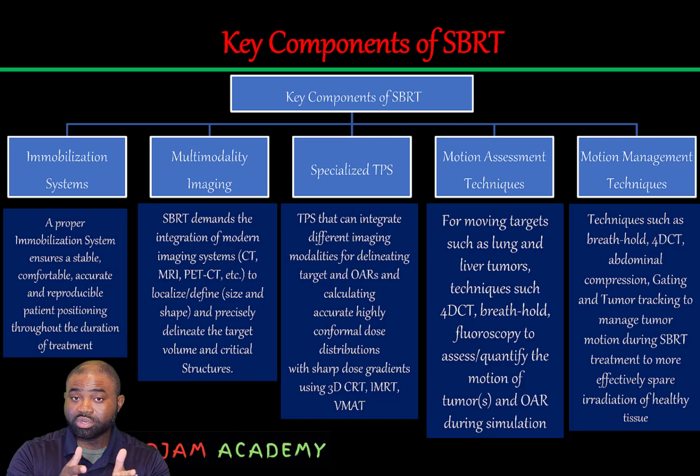Also, the third on the list that is absolutely essential is the need for a very specialized treatment planning system. Now, the treatment planning system should have the capability of integrating information from various imaging modalities that can be used by the oncologist, the physicist, and the dosimetrist to delineate the target and the surrounding OARs accurately, and to accurately simulate or calculate the dose distribution within the treated anatomy.